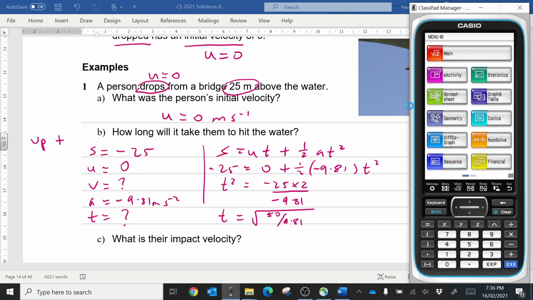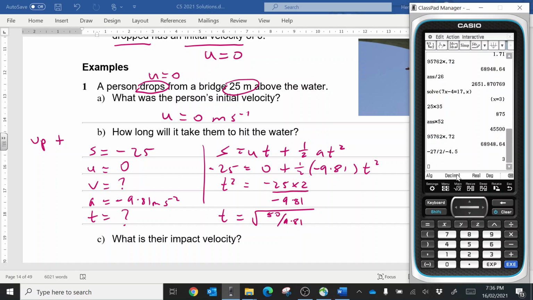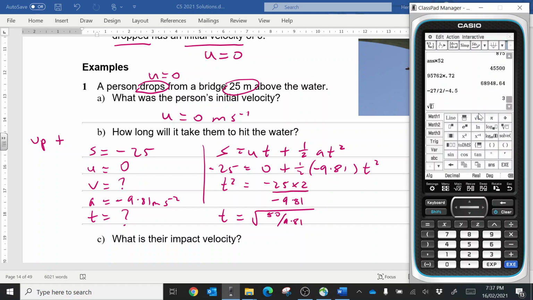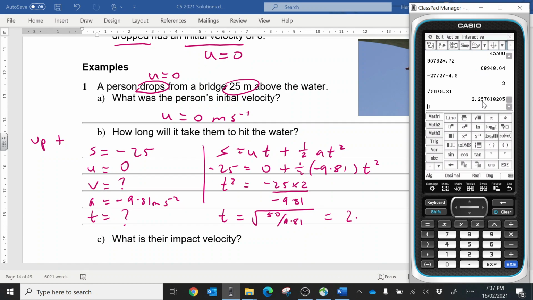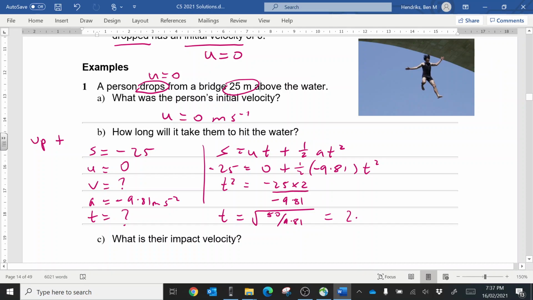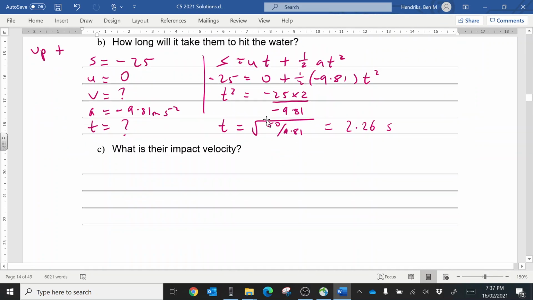So if you're following along with your calculator, we've got 50 divided by 9.81, and that is equal to 2.2, we'll go to 3 significant figures, so 2.26 seconds. 2.26 seconds.